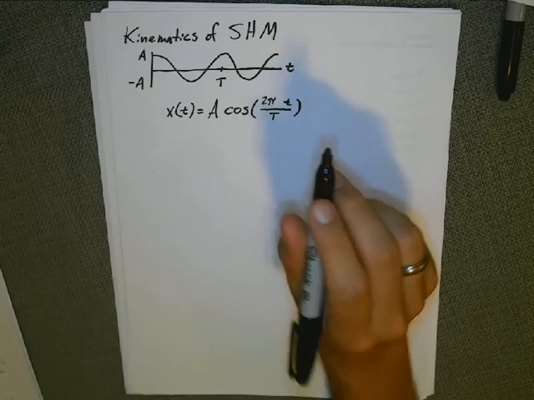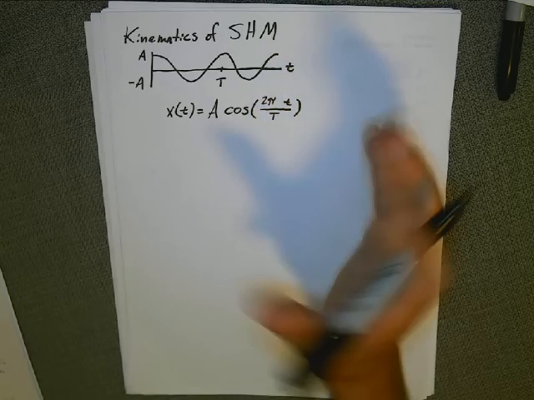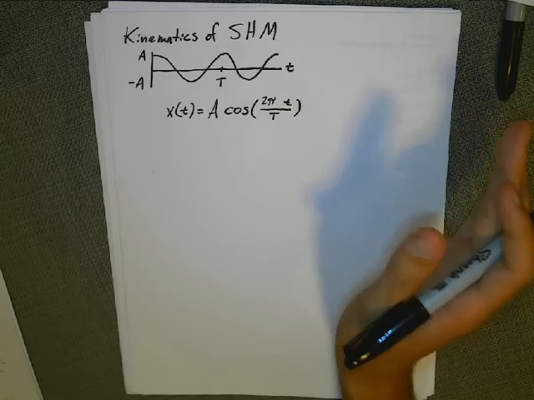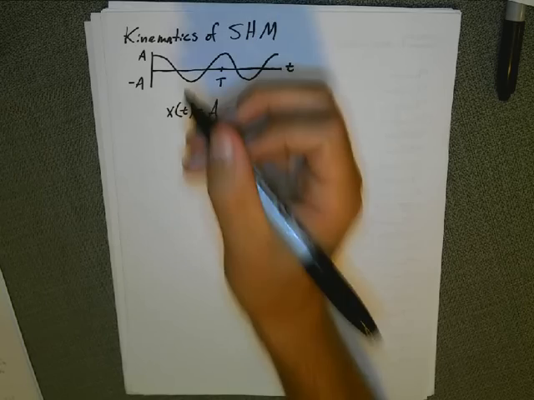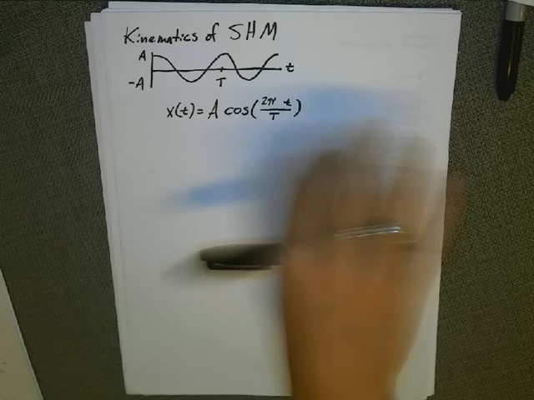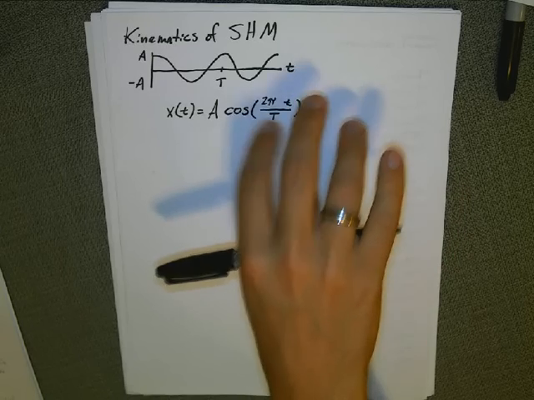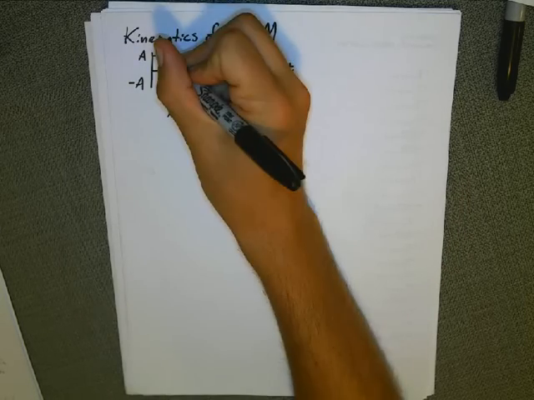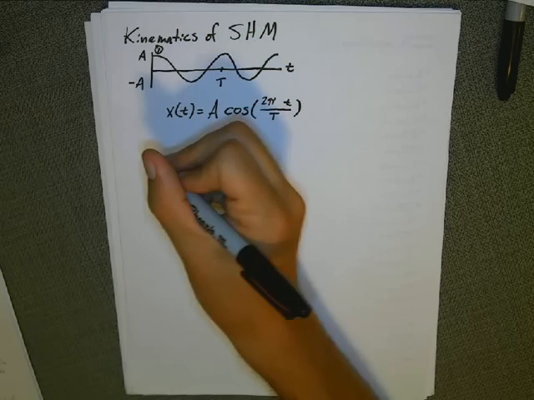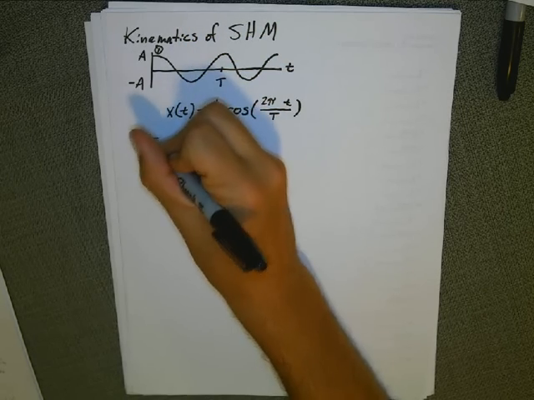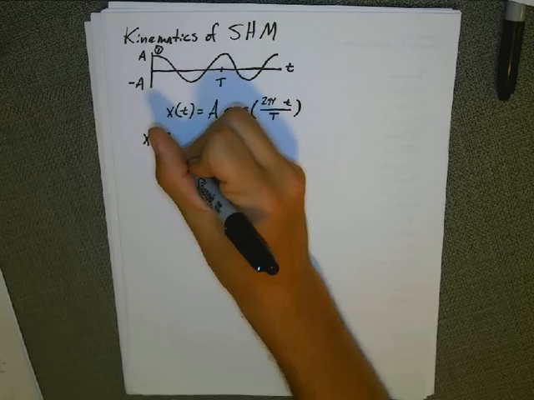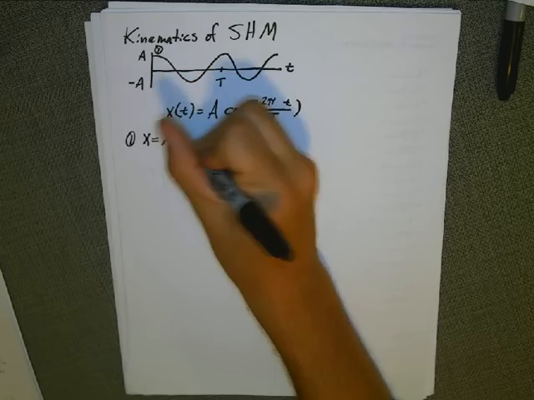Okay? Now, if you're still not buying this, just make sure that these 5 points work. You can pause this video after I write down the 5 points and work it out on your own just to make sure that you believe me. At point 1, at the start, x equals A when t equals 0.